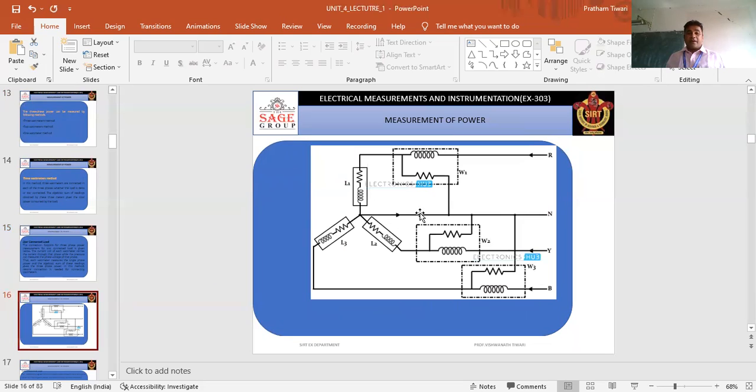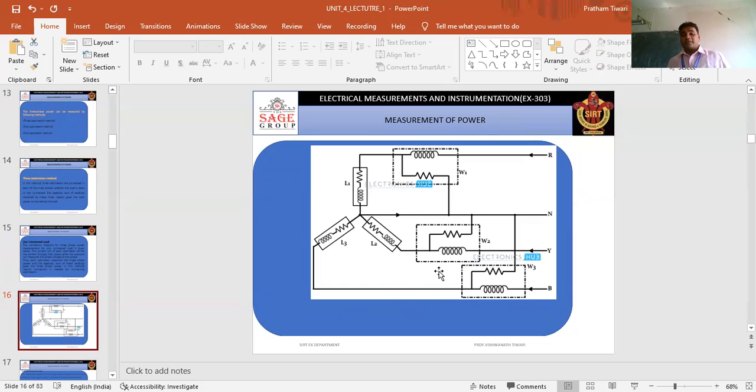This is the arrangement for star connected load. Like we have connected 3 wattmeters in 3 lines R, Y, and B. In this diagram, you have to see that any wattmeter has two coils. Number one is the CC coil, called the current carrying coil, which is connected in series with the line, and the second coil is called the PC coil, the pressure coil, which is connected to the common point.